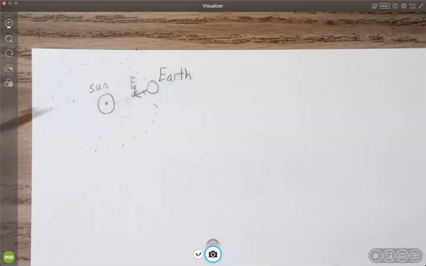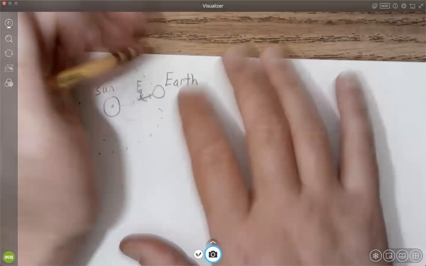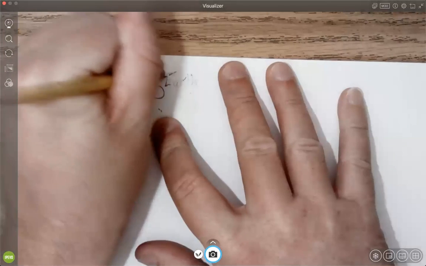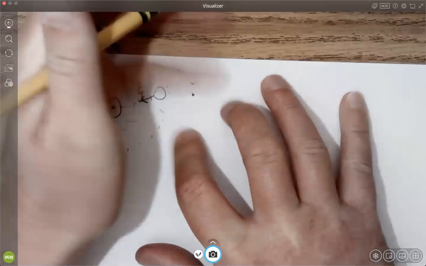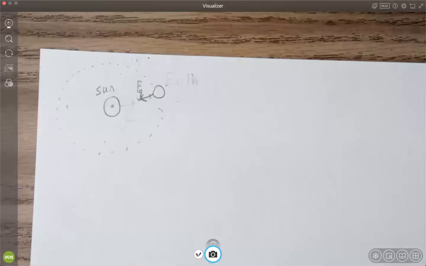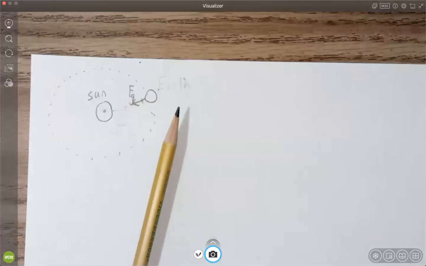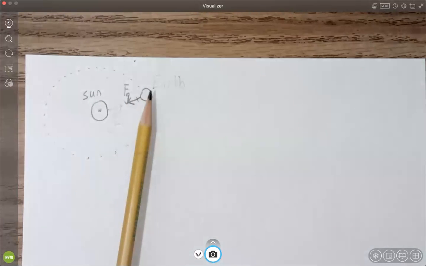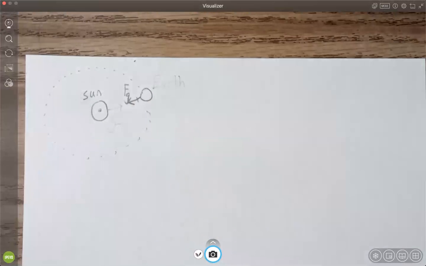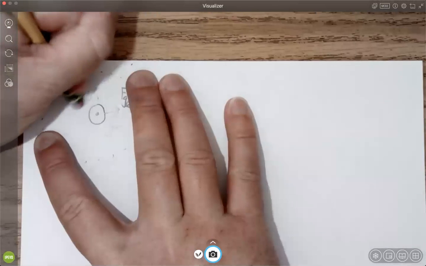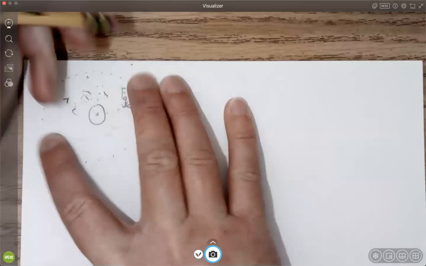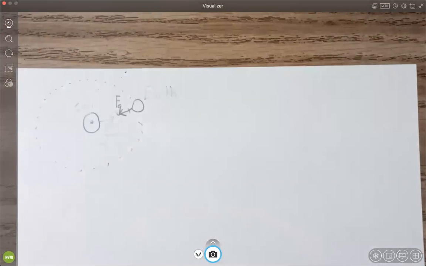Now, it could be this for the sun and the Earth. I could also say, well, this could be for the sun and Venus. This could be for the sun and Saturn. This could be for the sun and Jupiter. It could also be for anything, a larger star. It can be for Betelgeuse and the planets orbiting Betelgeuse.